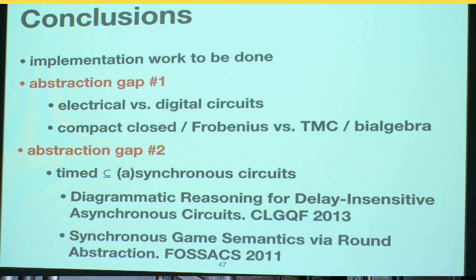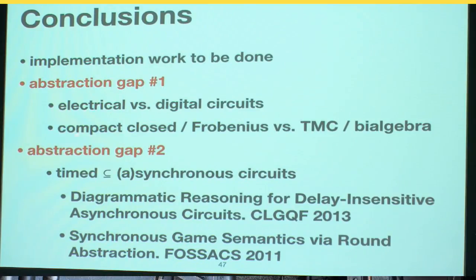In particular, you would model an electrical circuit in a compact closed category, whereas the digital circuit is in a trace monoidal category with a Cartesian product, in these categories with iterators. And the fact that you have the iterator allows you to reason syntactically.